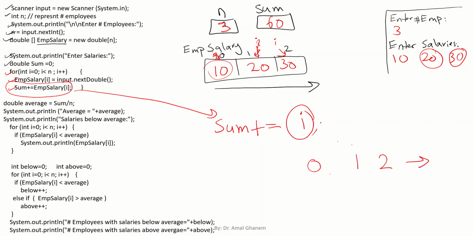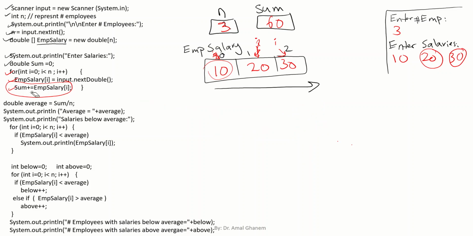So at the end, you will have the summation of these numbers, which is 3. But we don't need the summation of the locations. We need the summation of the value inside the location. That's why, again, remember I should be between brackets, and you have to mention the array name. So employeeSalary at location I. This could happen easily when we type our program just by mistake. So just be careful with these small statements.